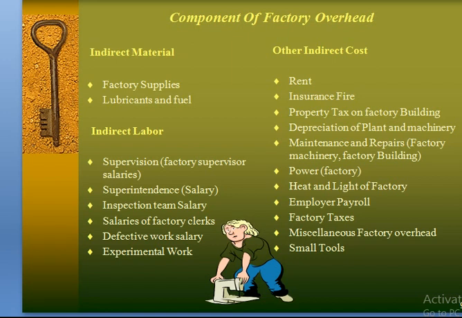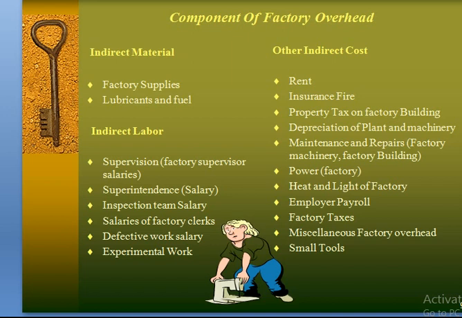Other indirect costs like rent, insurance, property tax, depreciation of the plant and machinery, repair and maintenance of the factory machinery, heat, power, light. What is the difference between power and light?